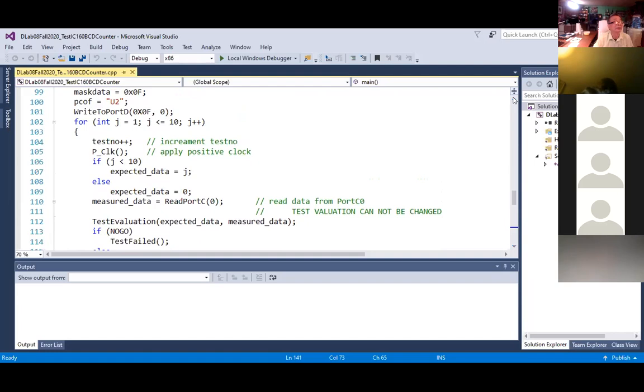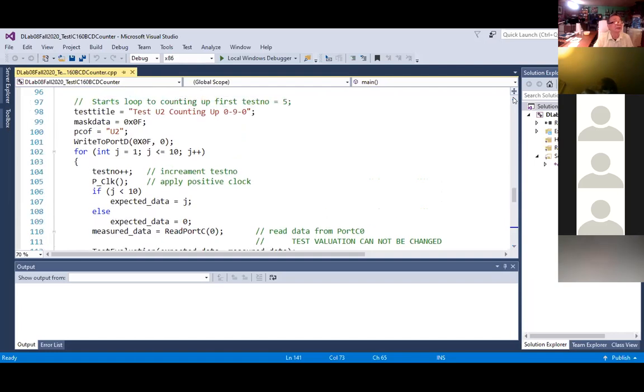Okay. Here. Let's see. You say write port D 0x0F. That means you're loading, right? I want to see that first.